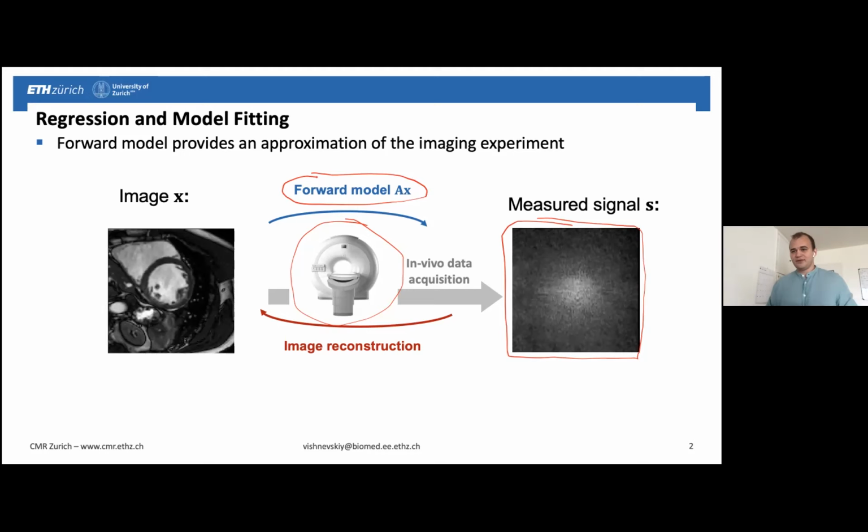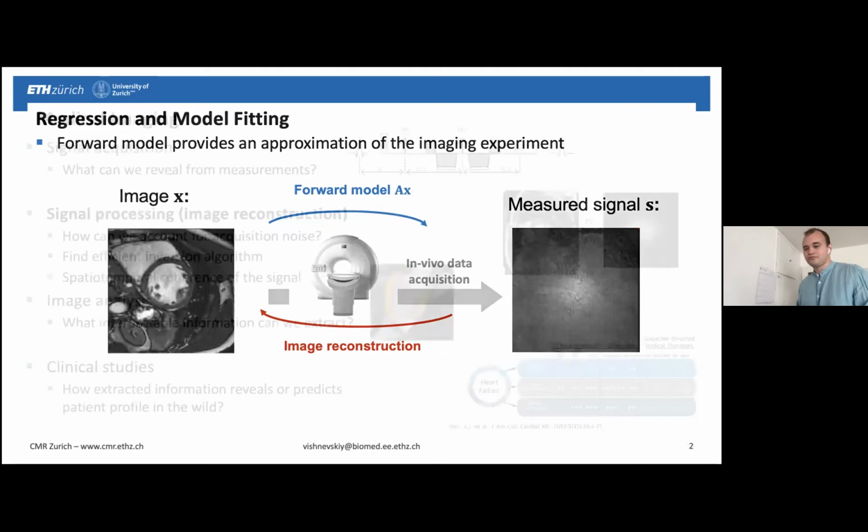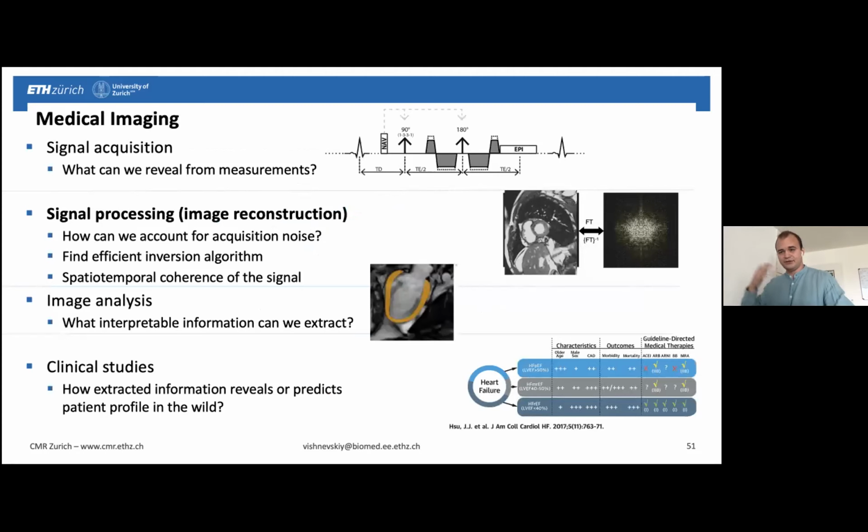Just to give you an idea where these methods fall in, let's look at the application of medical imaging in general practice. If you want to image inside a tissue or a subject, you first have to design the experiment and the acquisition pulse sequence, the type of ultrasound probe, etc. So the first part is designing the imaging experiment.